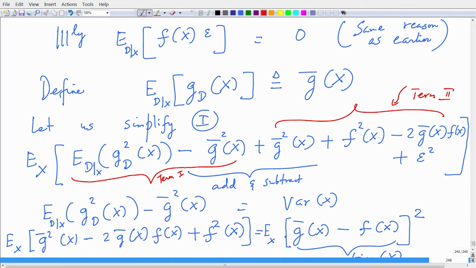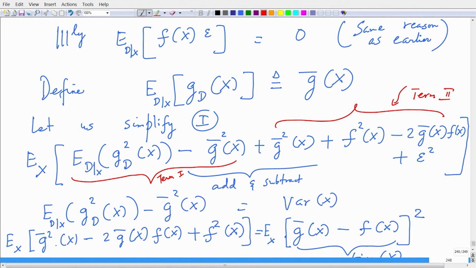So I simplify term 1 to be the variance of x, and I take this quantity term 2, which is g squared x minus g bar squared x minus 2 times g bar x f x plus f squared x. This is in the form of a squared minus 2ab plus b squared, and I can write it as a minus b squared.